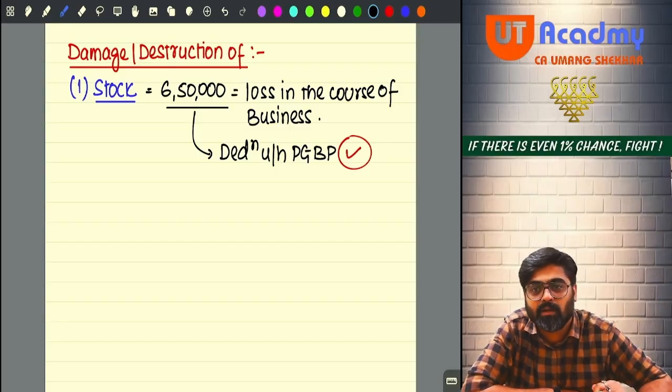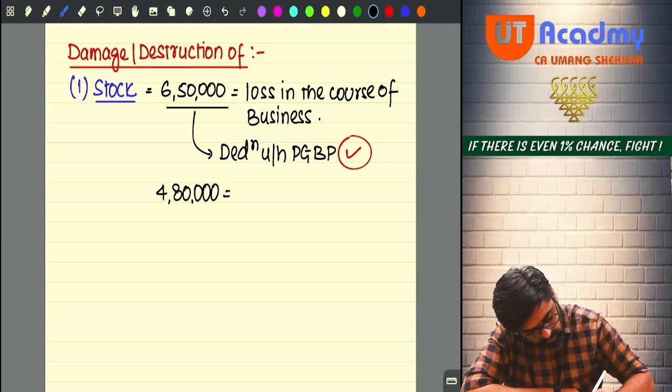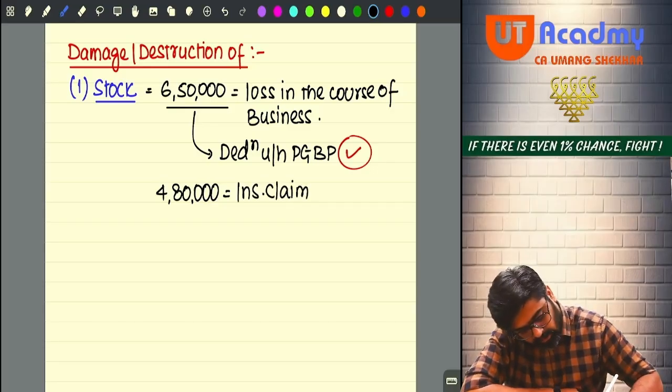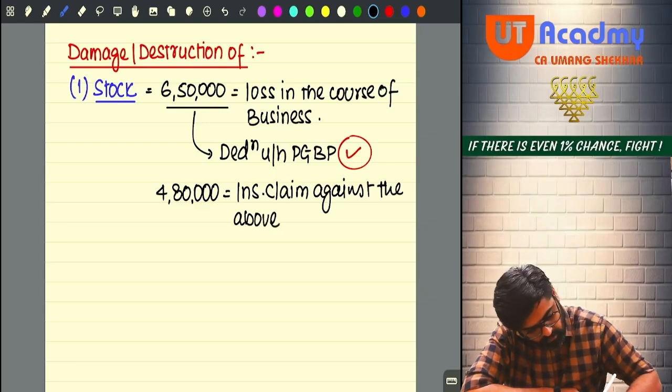So that 4,80,000 for that stock is equal to the insurance claim. 4,80,000 insurance claim against the above stock.